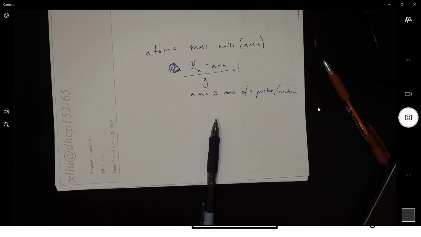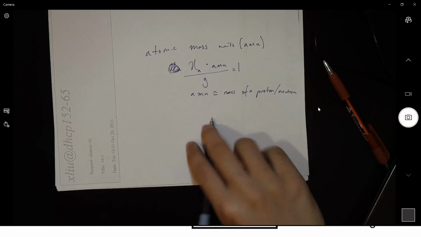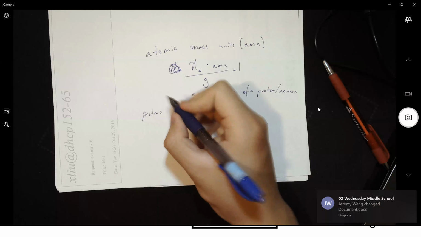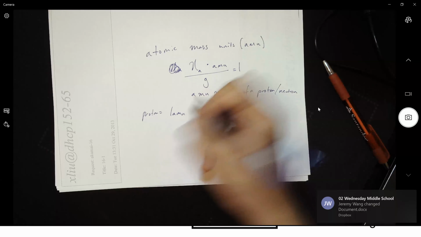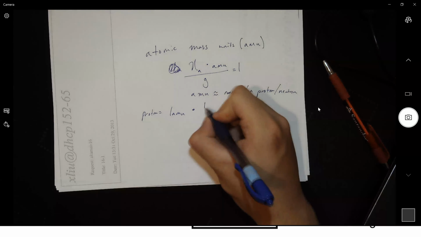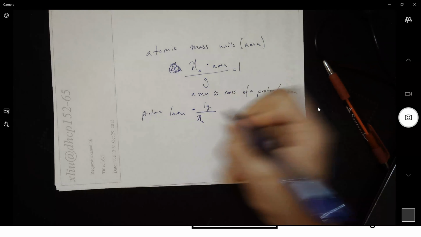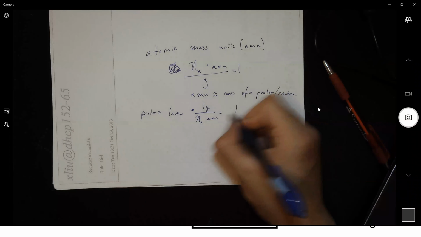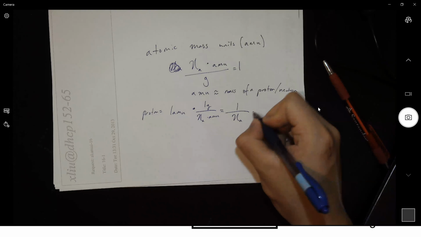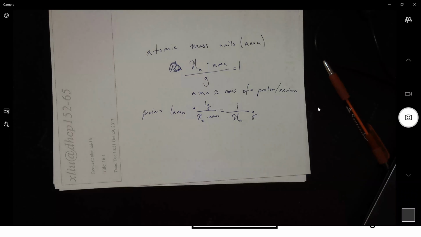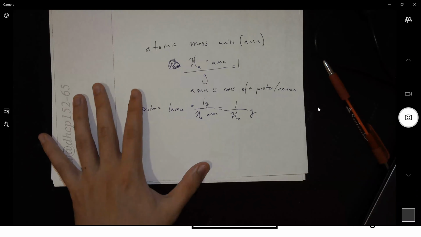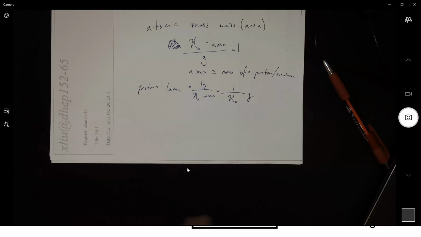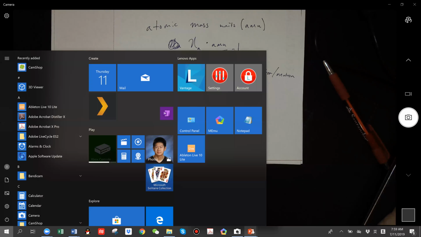Right. So a proton is 1 AMU, and then we multiply by the conversion factor 1 gram over Avogadro's number times AMU. So this means it's just 1 over Avogadro's number grams. Okay? Let's do another example. Actually, we have some practice problems, so we can do those later.